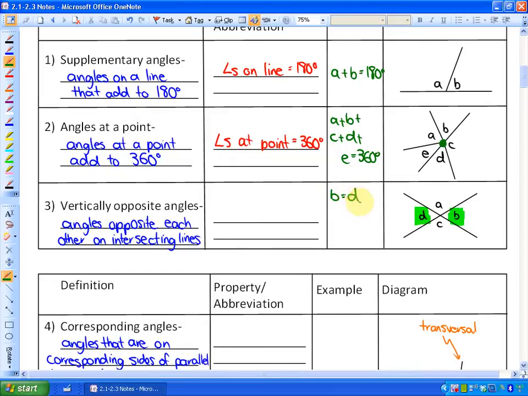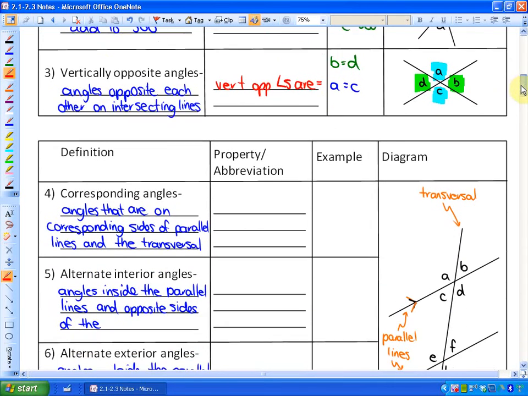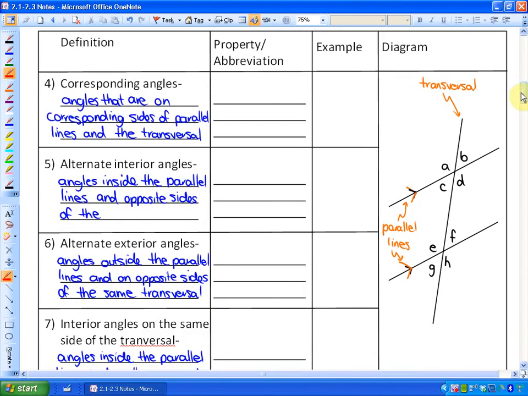So angle B is equal to angle D. Or if you look at these two highlighted blue angles, angle A and angle C, they are equal to each other because they are vertically opposite. The abbreviation related to vertically opposite angles that we will get into in the next lesson is that vertically opposite angles are equal to each other. These are things that will come up regularly as we practice, and you will get more used to the abbreviations.